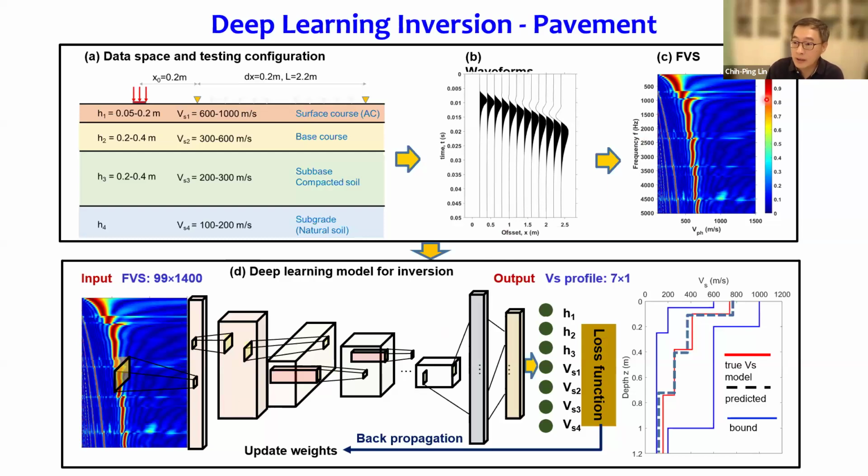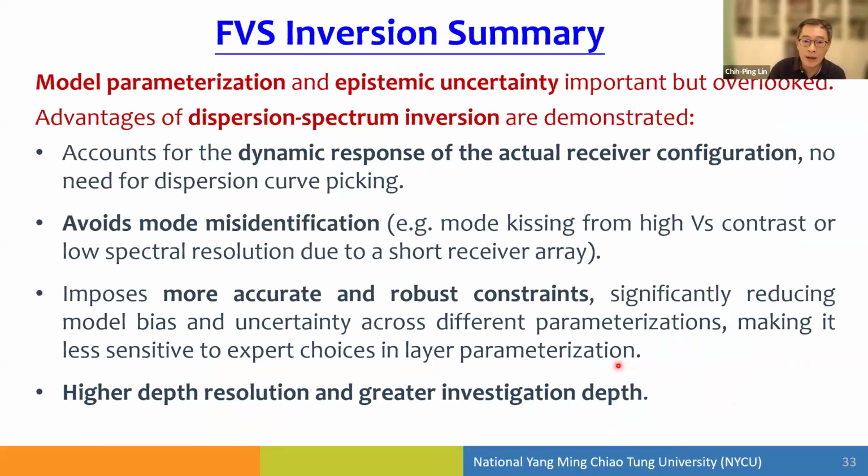And then after the deep learning inversion, we can continue on with fine tuning using a gradient descent type of approach. All right. So I can actually stop here, but maybe I'll use another 5 minutes to quickly go over how this model can be extended.